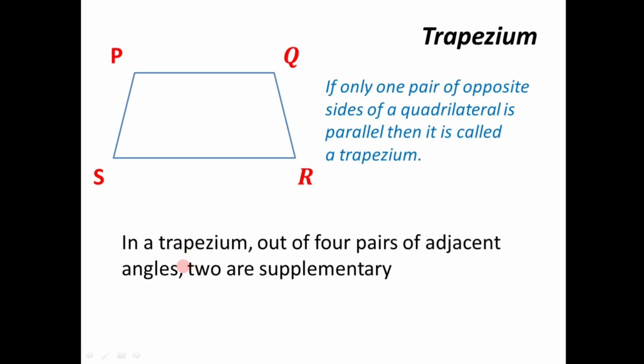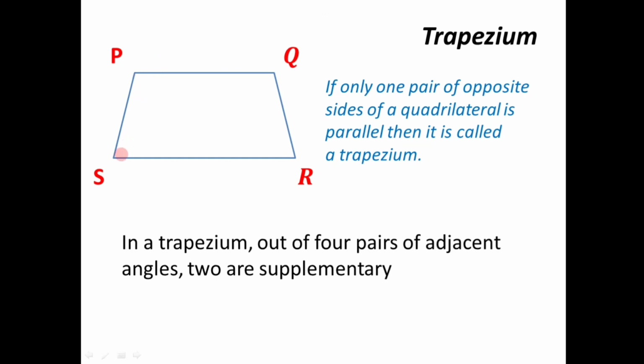Now here one property of trapezium is there. In a trapezium, out of 4 pairs of adjacent angles, 2 are supplementary. As we can observe here, angle P and angle S are a pair of adjacent angles, and as we have studied that PQ is parallel to SR, these two angles are interior angles, and we know that if two parallel lines are intersected by a transversal, then the interior angles so formed are supplementary.